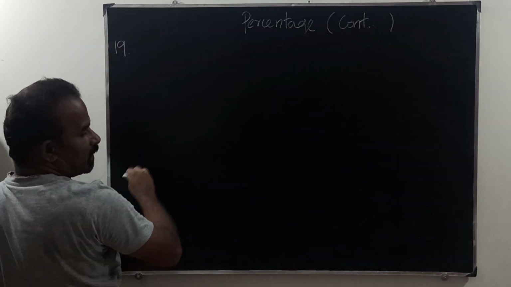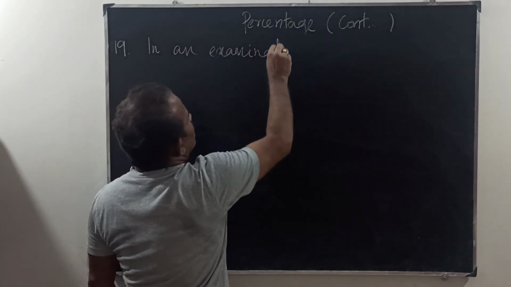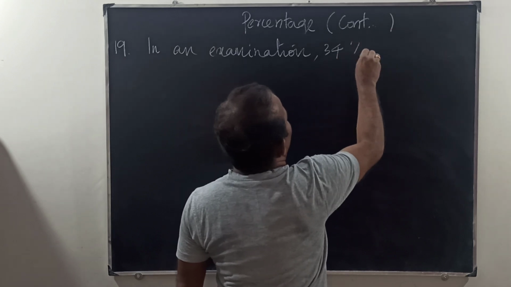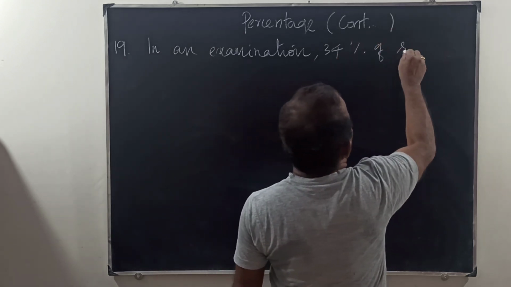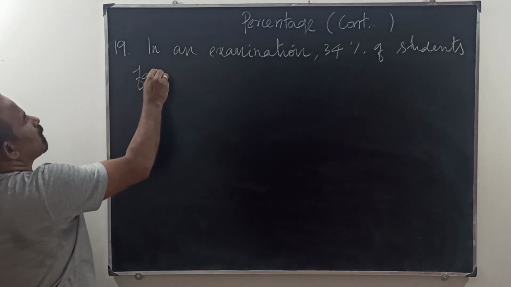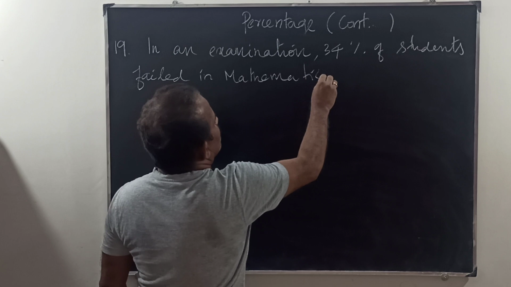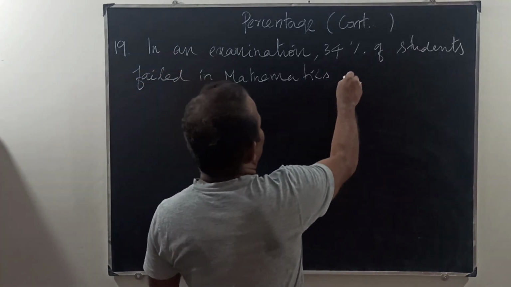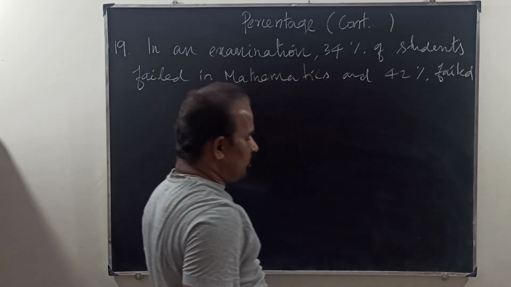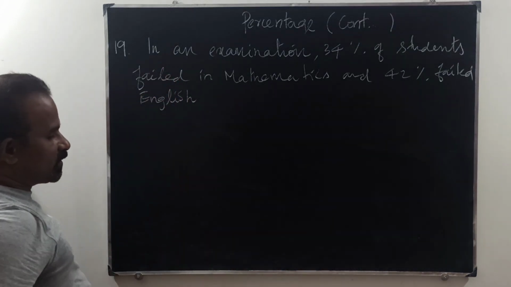19th one: In an examination, 34% of students failed in mathematics, and 42% failed in English.